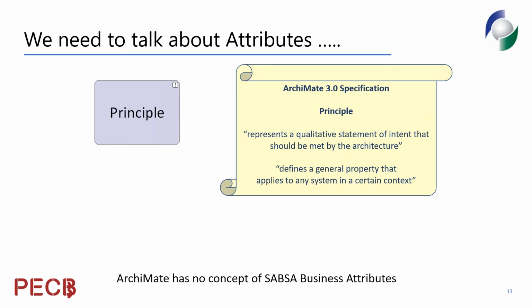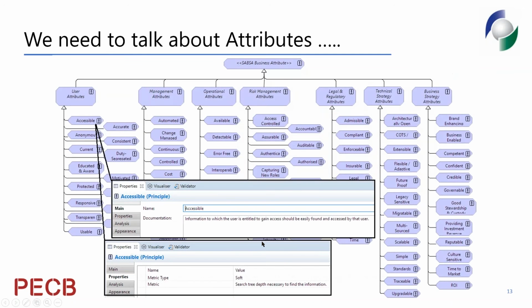So taking that extensibility mode of stereotyping, of extending existing elements, I've taken principle and derived from that all the business attributes from the SABSA catalog. So now we can see that in the user quality attributes, the property of it being accessible has got its label, it's got its definition, it's got its metrics.